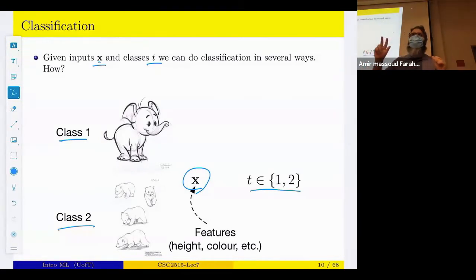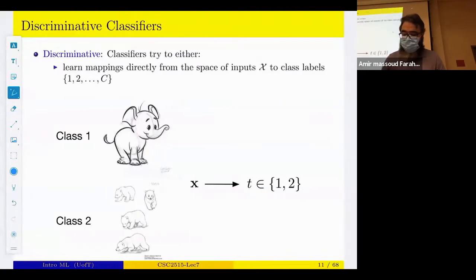And actually, we had two different ways of doing it among the methods that we have seen. Some of them were learning a mapping directly from the space of inputs X to class labels. So for example, if we use decision trees, that was it. Or if we use support vector machine, the output was either class -1 or class +1.